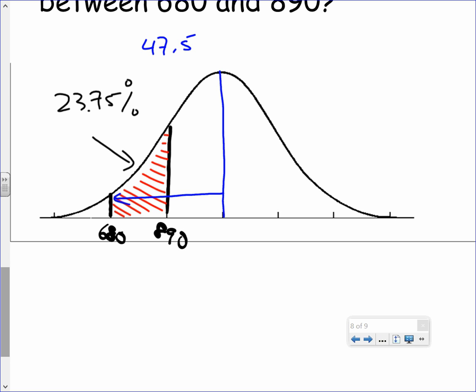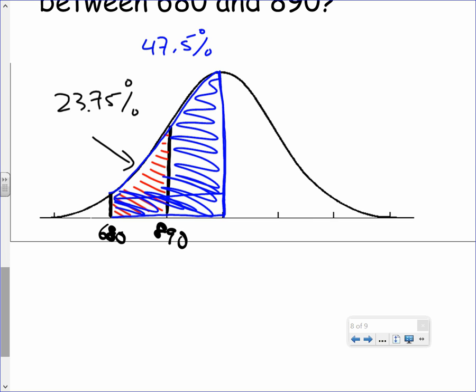So let me color 47.5. All this is 47.5. You're telling me that this is half of that?